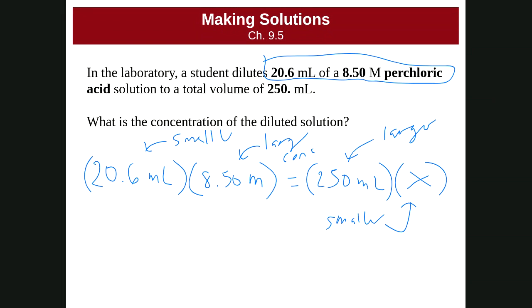All right, so to do this, we want to convert into our liters because we're multiplying by moles per liter here. So I'm going to move my decimal point.